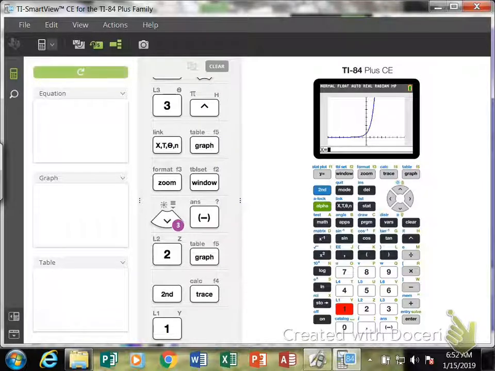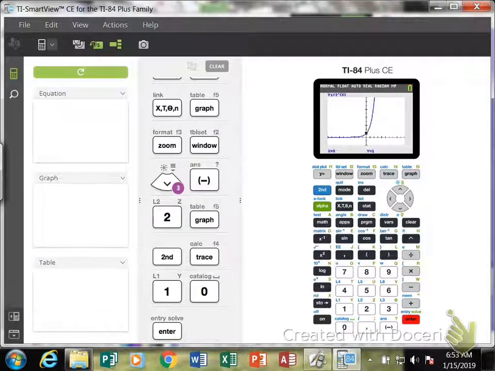We want to find when x is equal to 0, because that's where the y-intercept is, anytime x is equal to 0. Hit enter, and there's your y-intercept, 1. So our y-intercept is 1. Again, if I want to find the y-intercept, I go to second, trace, to get calc, and then I calculate a value, and I know x is always 0 for the y-intercept.